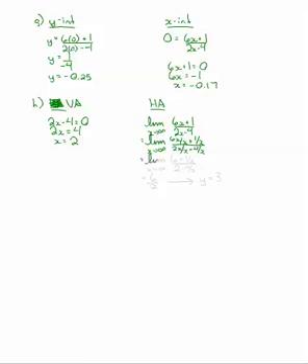Cancel off what we can. Those terms that still have x left in the bottom will cancel off. So we have a horizontal asymptote at y equals 3. Now that we've got all these things together, we can go and sketch the graph.